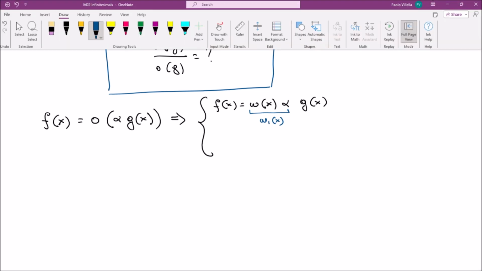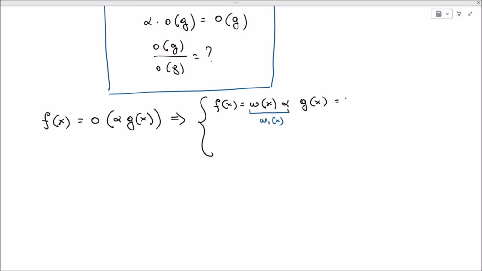So we can rewrite this as omega 1 of x times g of x. Now, if we manage to show that omega 1 of x tends to 0, we're done, right? So we need to prove that, but clearly omega 1 of x, which is just alpha, a constant, times omega of x, will tend to 0 for x that goes to x naught.